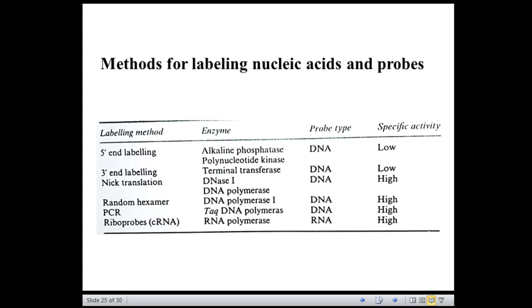And there are two main ways of labeling the gene probes. A traditional approach, that is by use of radioactive labels. But nowadays, the use of non-radioactive labels is gaining popularity.